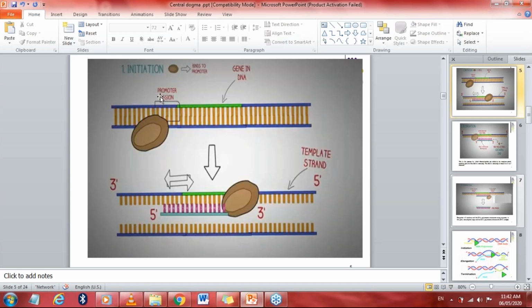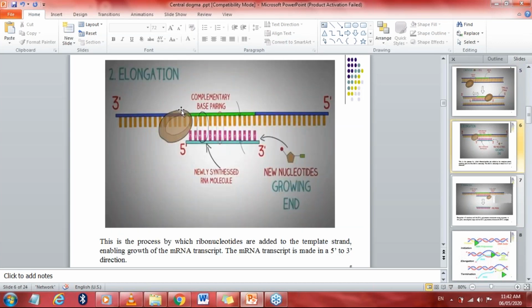In the initiation stage, there is one promoter region. Through this promoter region, the DNA will just unwind. After unwinding, what will happen in the elongation procedure? This brown thing is our RNA polymerase enzyme. The RNA polymerase moves along the template strand and synthesizes a new messenger RNA.